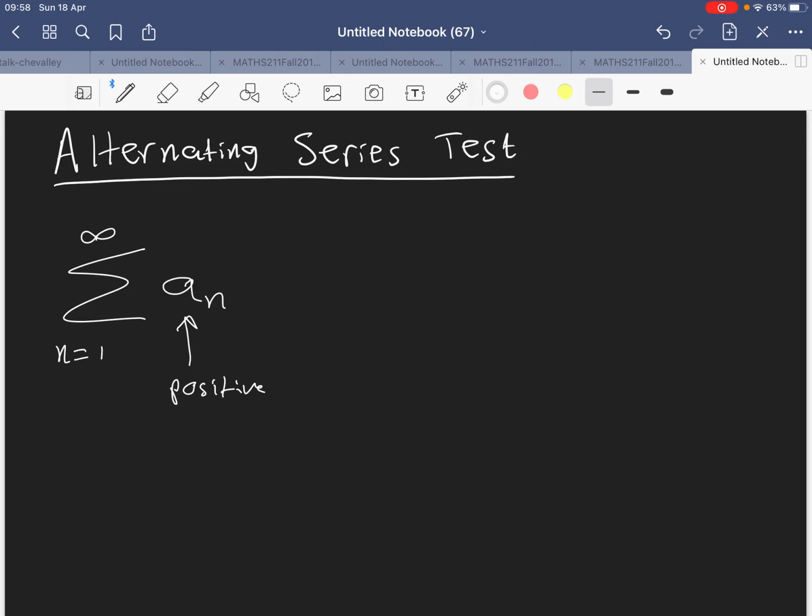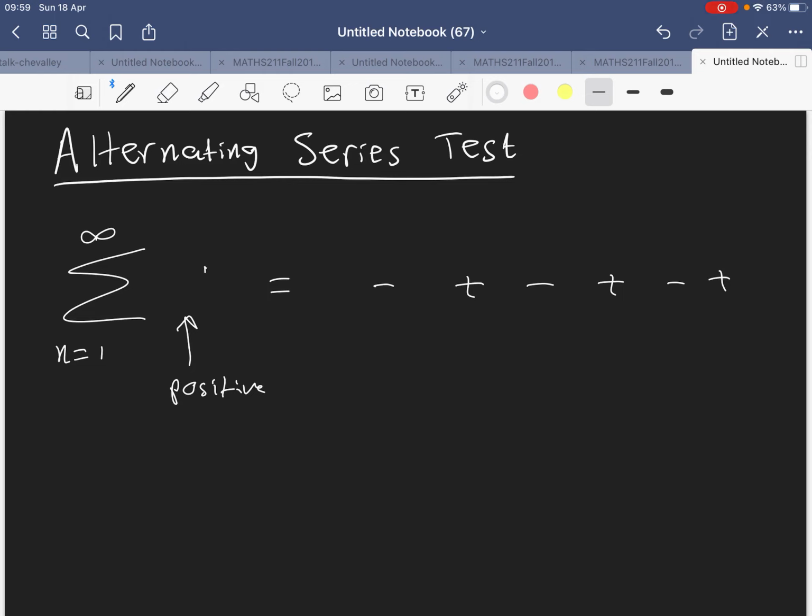Now for the alternating series, things are a little bit different, because if you remember, the alternating series always looked like plus and minus. So there is a minus, plus, minus, plus, minus, plus. This is the characteristic of alternating series.